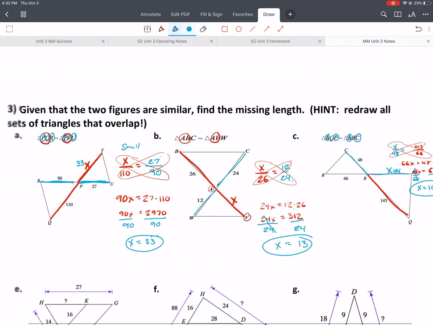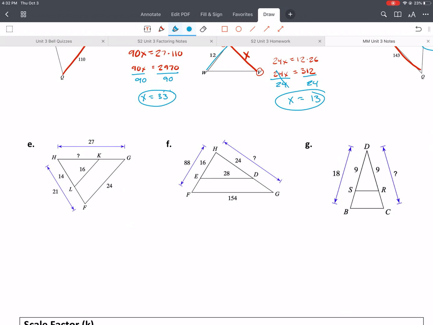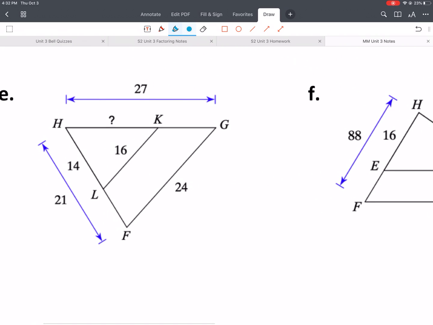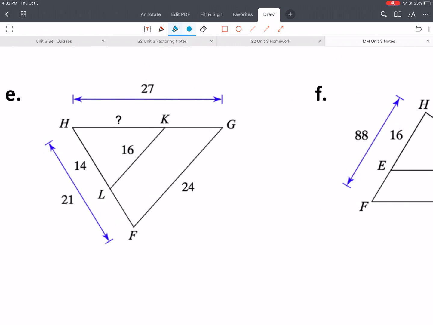All right, so there are some other types of problems that look a little different, but you're doing the same thing. Basically, we have two triangles that are kind of on top of each other. So we have a small triangle, and we're saying that those are similar to the big triangle. Okay? And we want to find out, I should change that to a different color.